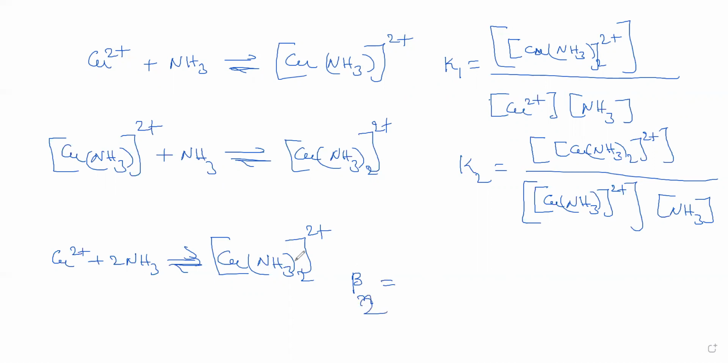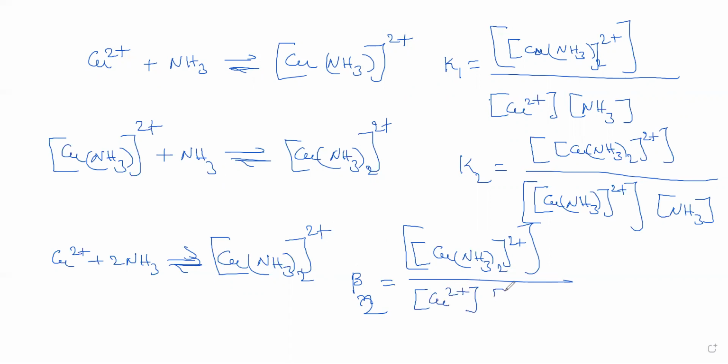Beta 2 is the Cu(NH3)2 2+ ion concentration divided by the concentration of Cu2+ into the concentration of NH3 square. That is nothing but K1 into K2.